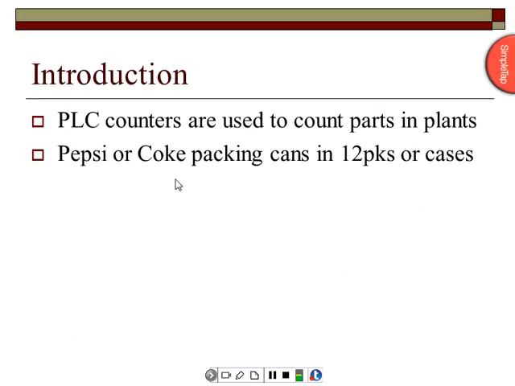Alright, so we have PLC counters and they are used to count parts. That's what we're doing with them. We are counting something. So let's say I have a counter at UPS. UPS has a counter that counts every box that comes in the warehouse. They have a counter that counts every box that gets put on a truck to go out of the warehouse.